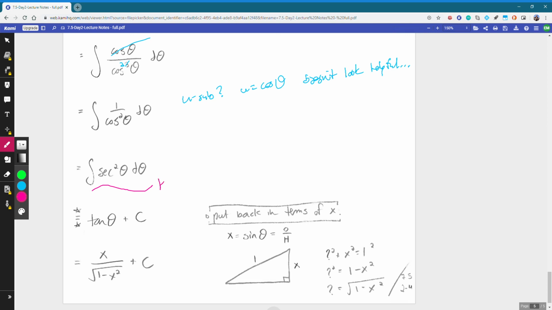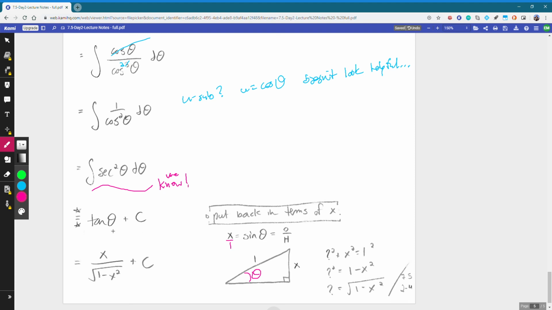And so this is one that we know. All right, and at this point, we just need to get things back in terms of x. So we use our original substitution for our trig sub here. Sine is telling us opposite over hypotenuse. And so getting a picture of our angle theta, we can think of this x as x over 1 and label our opposite and hypotenuse.